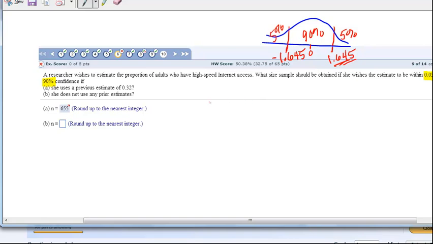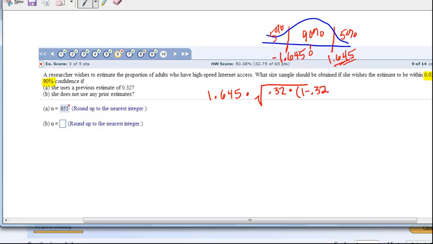So here we're going to be using this, and we'll take that 1.645 and multiply it by the square root of the proportion estimate, which is 0.32, times 1 minus 0.32.